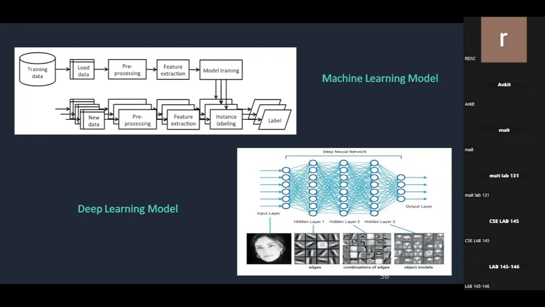Once all the features have been extracted, I will go towards the edges: first horizontal edges, vertical edges, slant lines. I need to find all such types of edges. Then in a second layer, I will try to merge these edges I have found. Once these edges merge, they will create specifics like eyes.